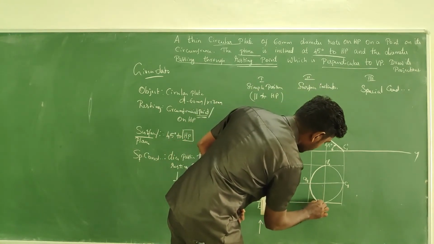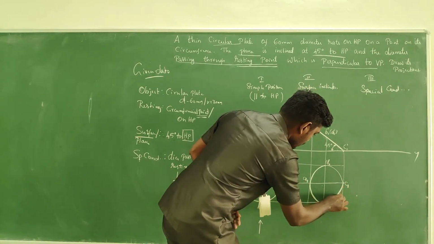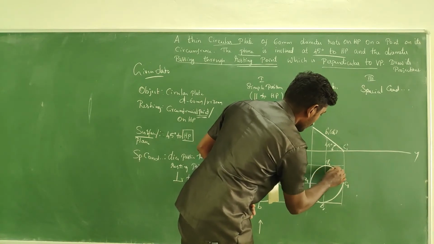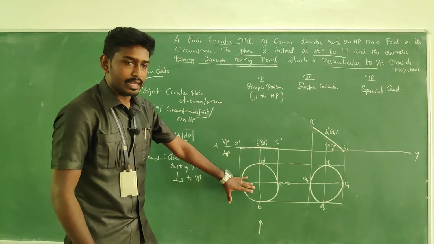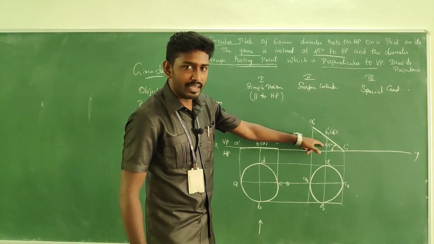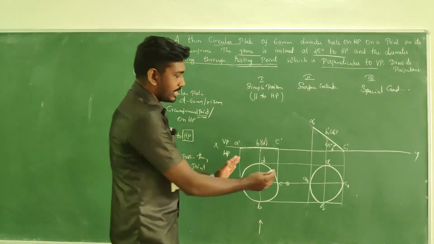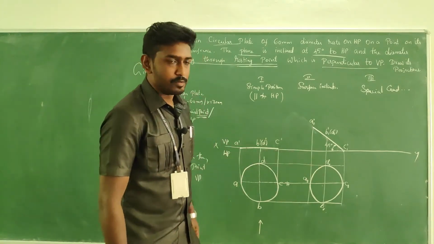So I am doing a dark line. So this is how you will get the trace. See, here is the true shape. When it is inclined at an angle of 45 degree, what is happening? It is just squeezing. Its size is just reduced, right? So it looks like an ellipse.